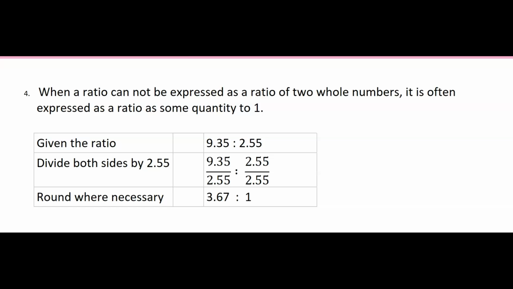And so therefore, we will divide by the lowest value, which in this case is 2.55. If we divide both sides by 2.55, then they will cancel each other, and 9.35 divided by 2.55 is 3.67, and that is to 1.